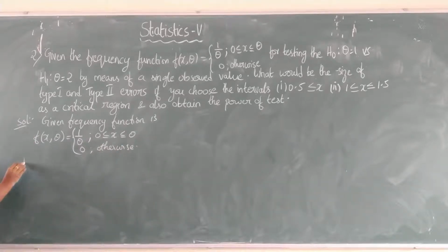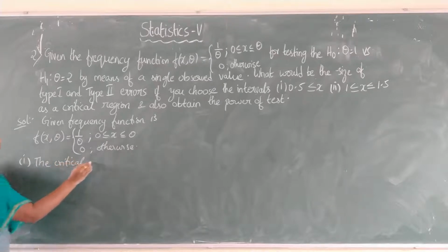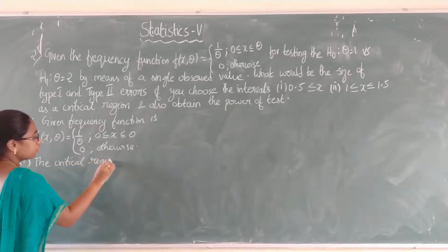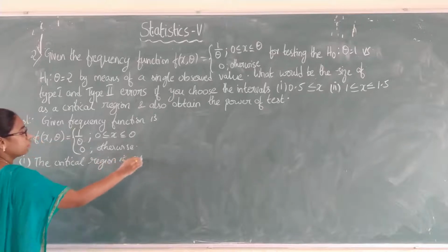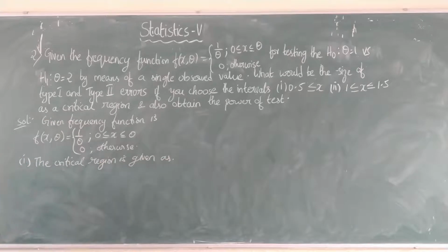Now, the next step: we have to write the critical region and the acceptance region. So we have two bits. Under the first bit, the critical region is denoted with omega. So omega equals, what is the critical region given here?